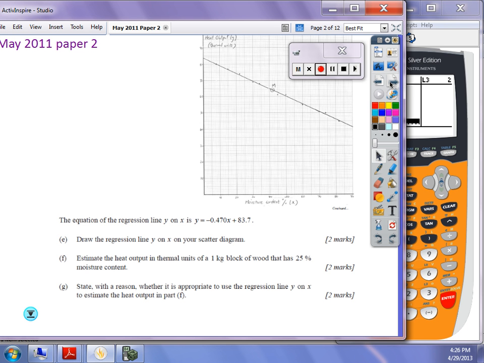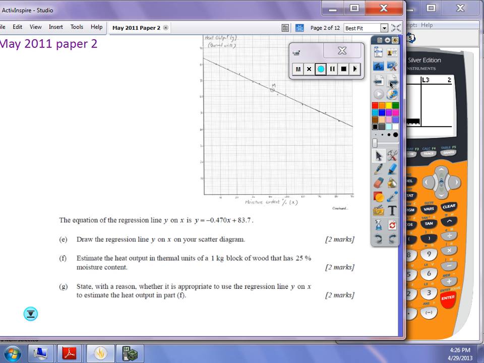You'll receive points for having the X and Y axes clearly labeled, so you can see moisture content as a percent labeled on the X axis, and the heat output, the Y values, indicated for the Y axis, and all of the points are indicated on the graph. Now, at this point, you haven't been asked to graph the regression line yet. You'll be asked to do that later. There should not be two lines on your graph.